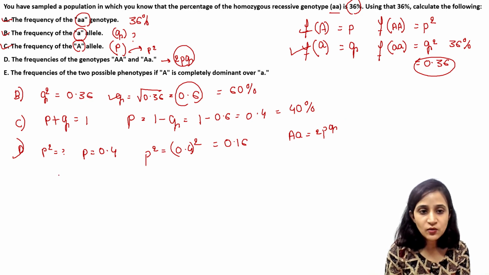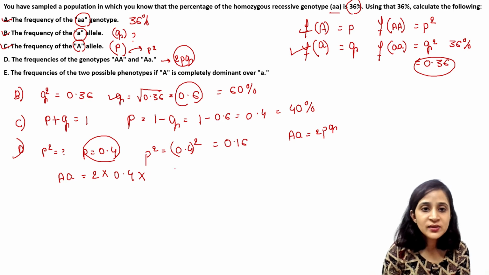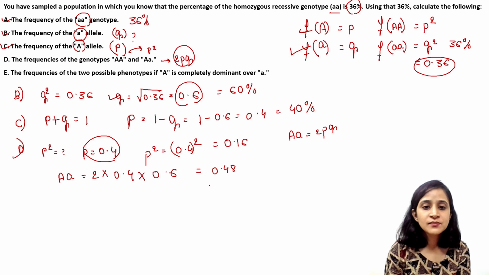So 2pq means 2 into p is 0.4 and q, that is 0.6. That means 0.48. So the answer is here capital A small a is equal to 0.48 and capital A capital A is here 0.16.